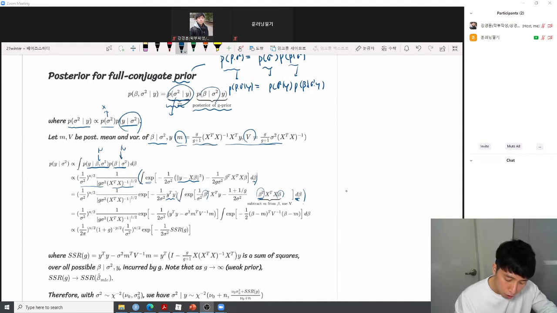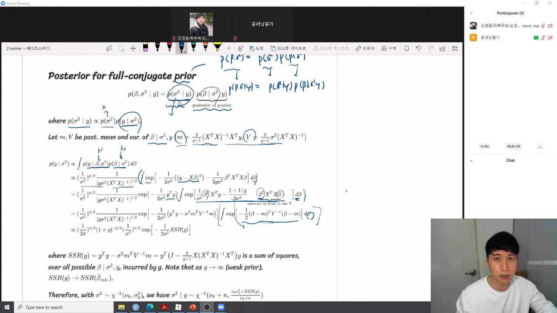So our goal here is to transform this part to be this one, right? Because if that's the case, then this is actually the posterior of beta, and if it is integrated, then we're going to get the inverse of the normalizing constant of the beta posterior, right? So to do that, we're going to have to first subtract m from beta and use v.